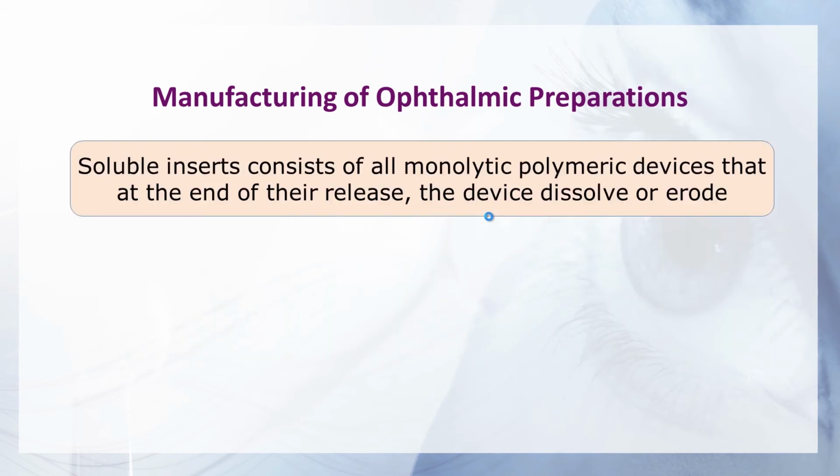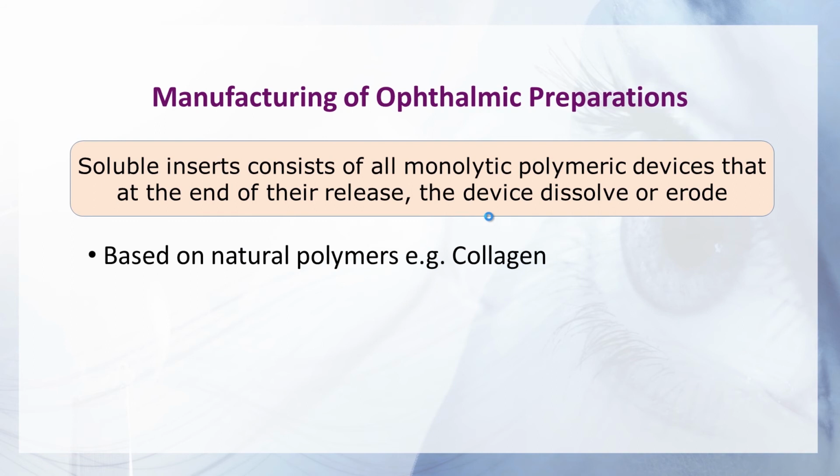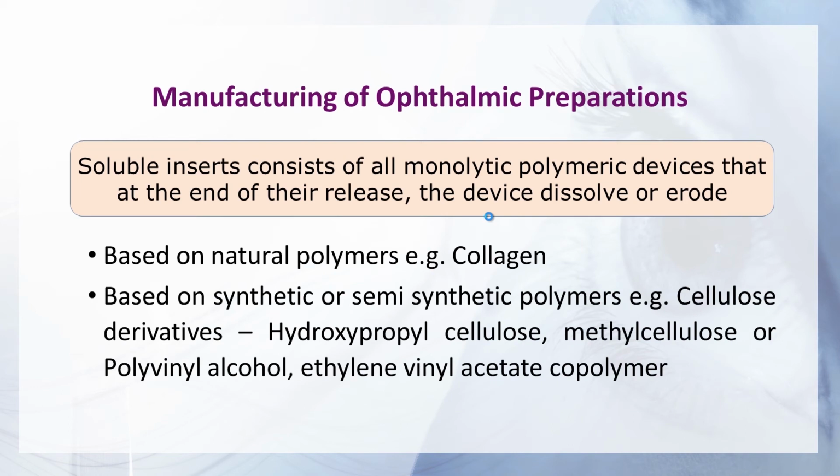Now, soluble ocular inserts. Soluble inserts consist of monolithic polymer devices that at the end of their release dissolve or erode. We do not have to remove them manually. What are the types? These are of two types: based on natural polymers like collagen, and based on synthetic or semi-synthetic polymers like ethyl cellulose derivatives, HPMC, hydroxypropyl cellulose, methyl cellulose, polyvinyl alcohol PVA, and ethylene vinyl acetate EVA copolymers.